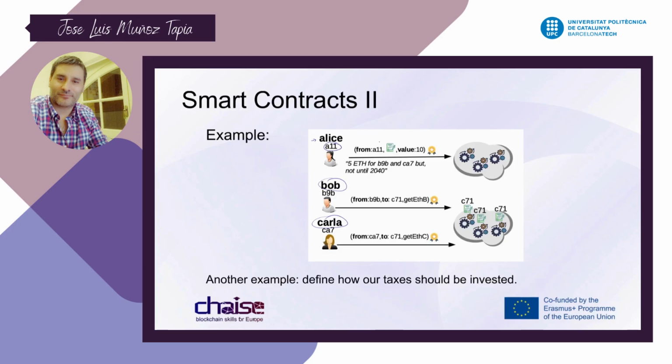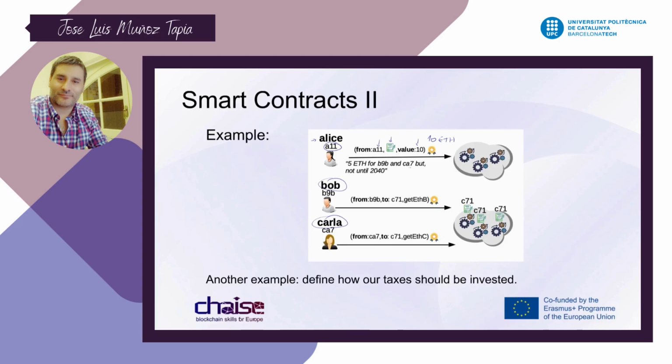To install the smart contract, Alice needs to send a transaction. This transaction goes from Alice. It will send the code of the smart contract, and it's going to send 10 ethers. So it is going to deploy a smart contract in the blockchain and transfer 10 ethers to this smart contract.